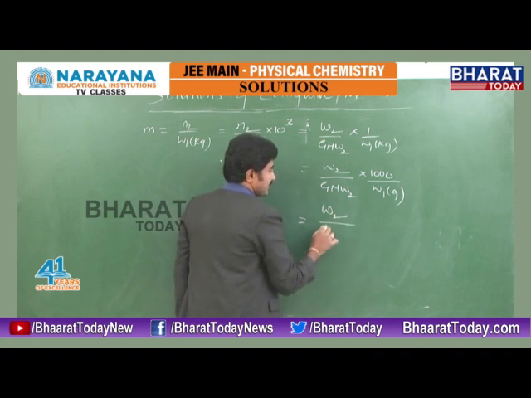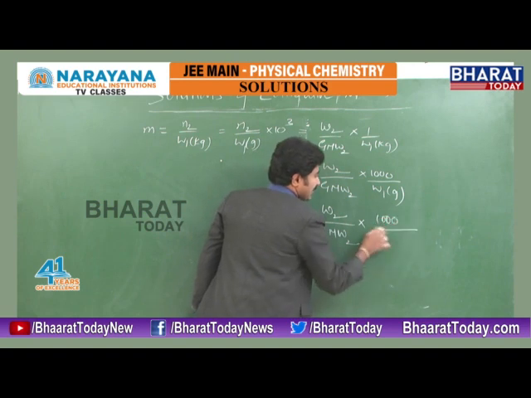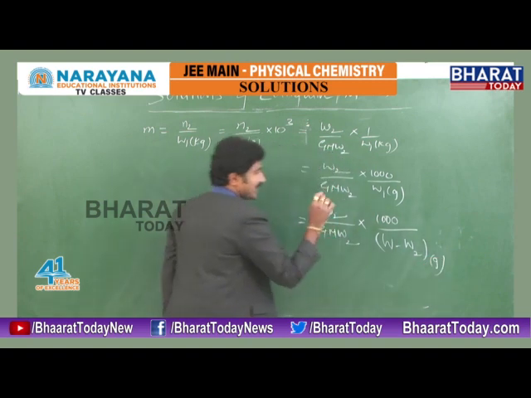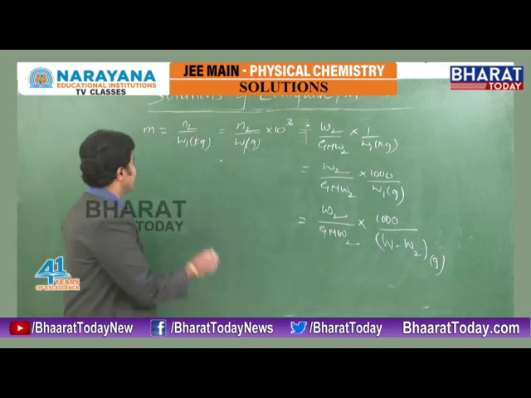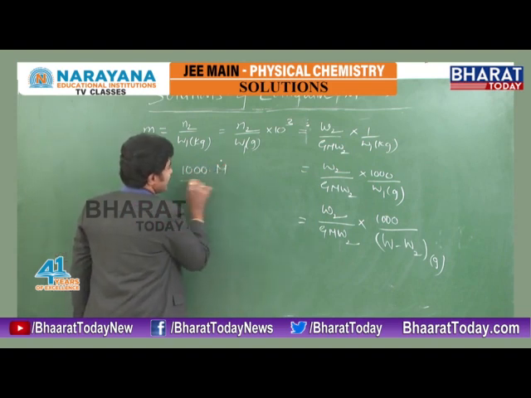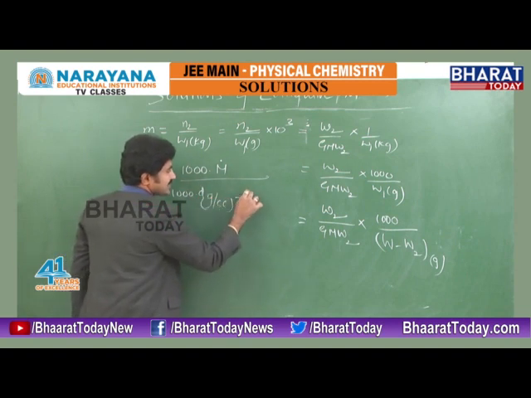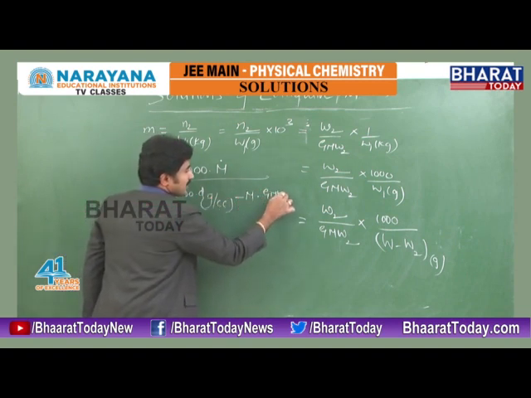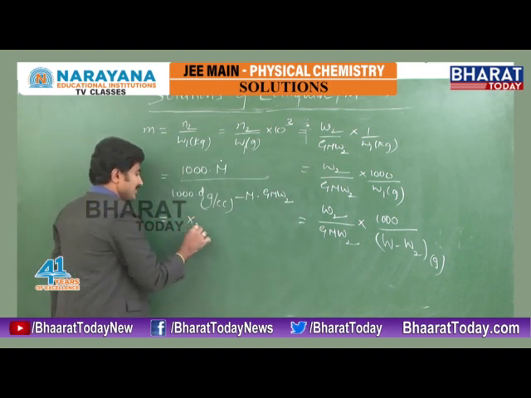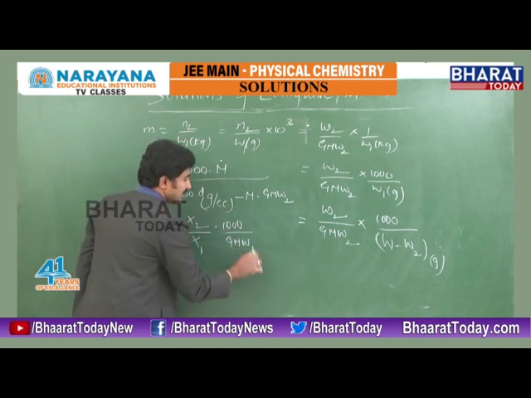From this, W2 by gram molecular weight of the solute into 1000 by W1 is equal to W minus W2 grams. Like this we can also express it, and already I gave it in terms of molarity, that is 1000 times molarity by 1000 times density of the solution in gram per cc minus molarity into gram molecular weight of the solute, or in terms of mole fractions, x2 by x1 into 1000 by gram molecular weight of the solvent.